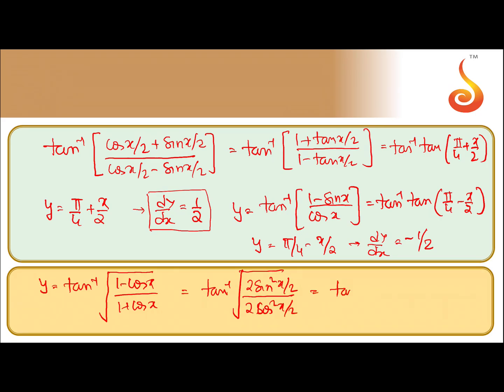This will give you tan inverse tan x by 2, which is in turn x by 2. So dy by dx is equal to 1 by 2.